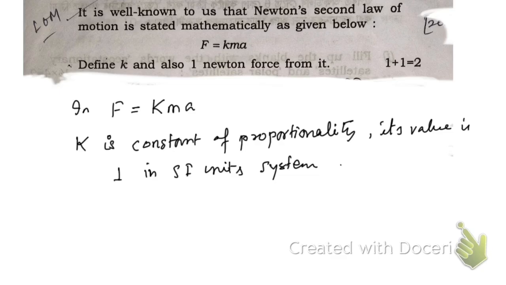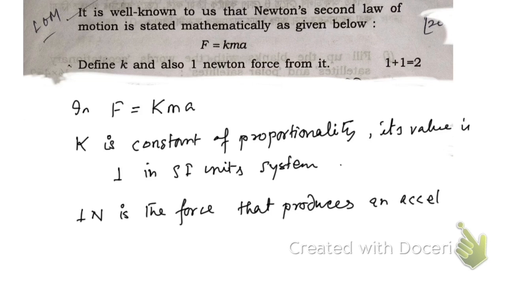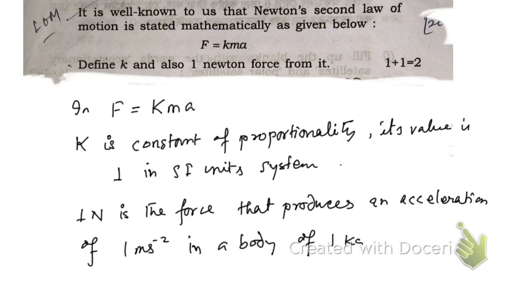And definition of 1 Newton: 1 Newton is the force that produces an acceleration of 1 meter per second square in a body of 1 kg mass, right?